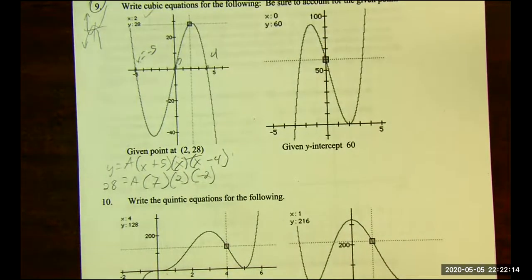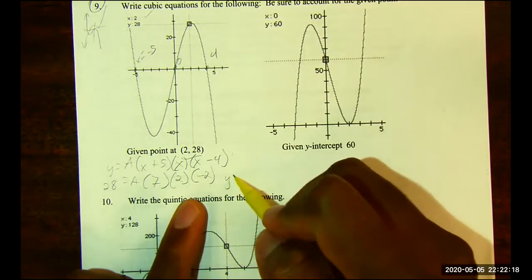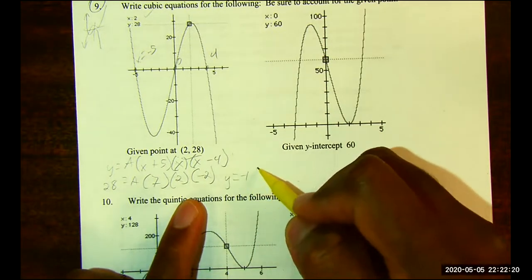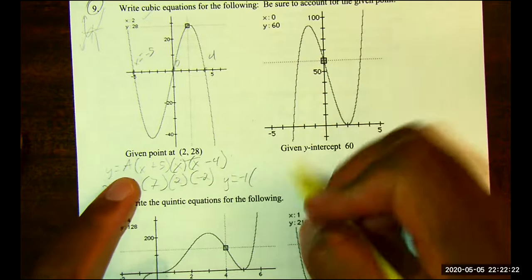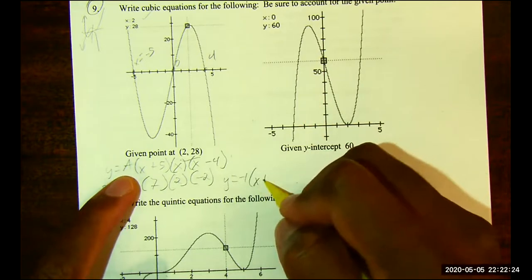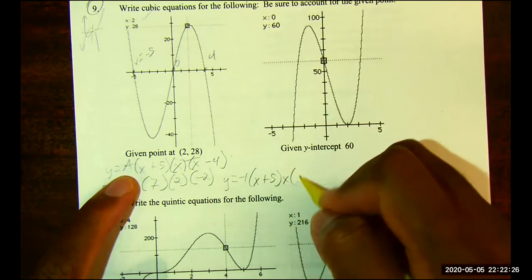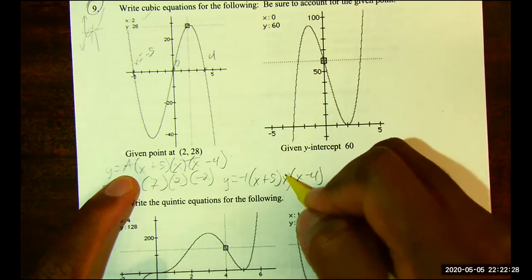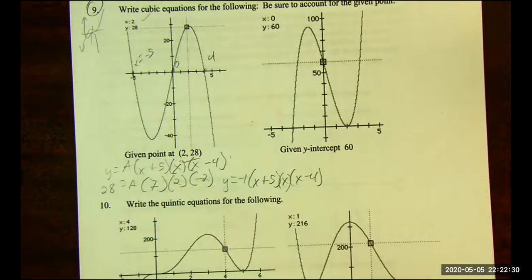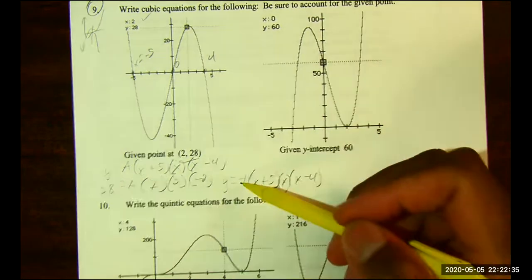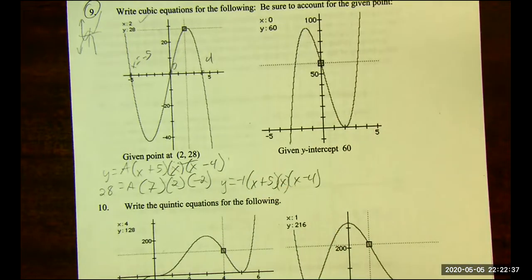Negative 4, negative 28. So a is negative 1. So our equation is y equals negative 1 times something like that. I'll graph this. I stand corrected. Well, technically, if I throw an x in front, but let's look at this and graph this just to verify.